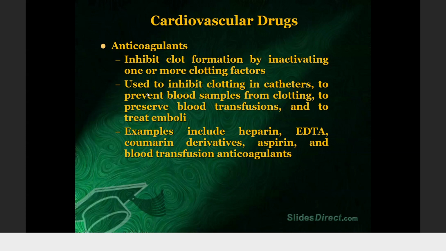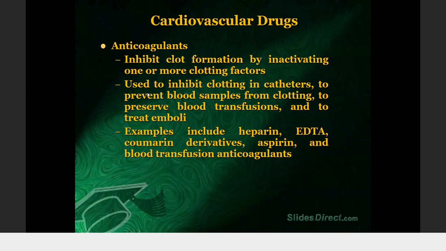It is used to inhibit clotting in catheters, to prevent blood samples from clotting, to preserve blood samples and blood for transfusion, and also to treat emboli. Do you know what emboli are? Emboli are gas bubbles inside the arteries or veins in the circulation.